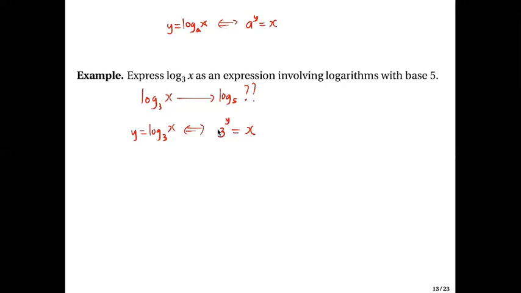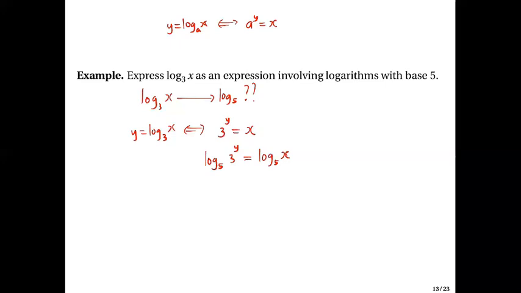Particularly, we will use logarithm base 5. We will apply that on the left, and therefore we apply that also on the right. So you have the logarithm base 5 of 3 to the y. This is now equal to logarithm of x, and again, this is base 5.